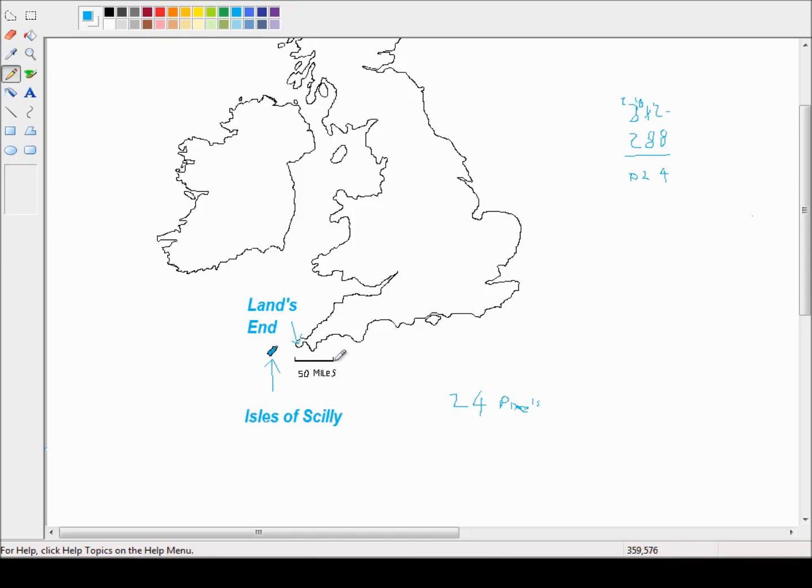Now, how many pixels are in 50 miles? This is going from, let's say, 357 pixels to 310 pixels.